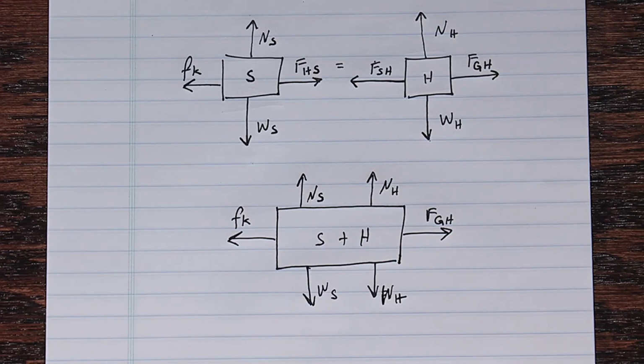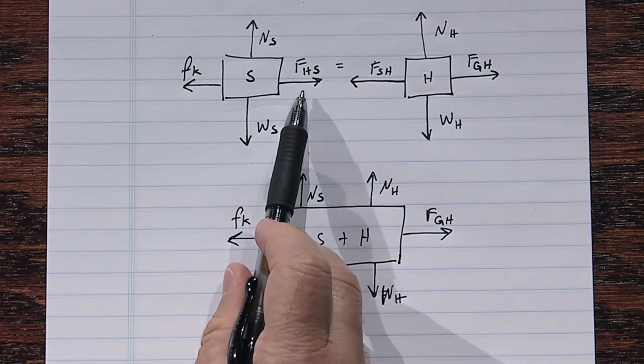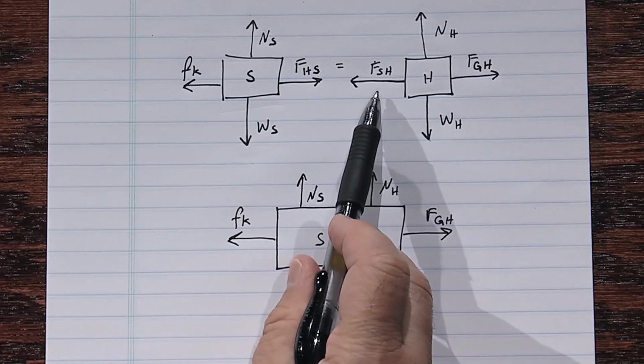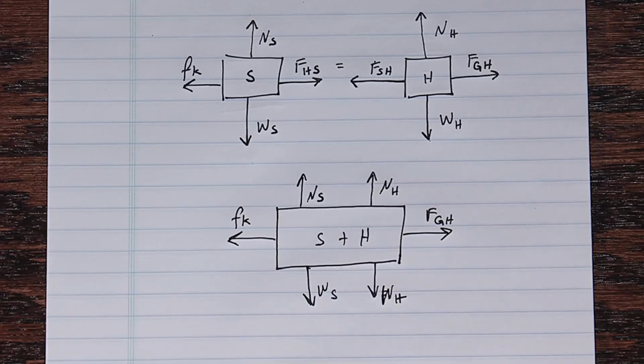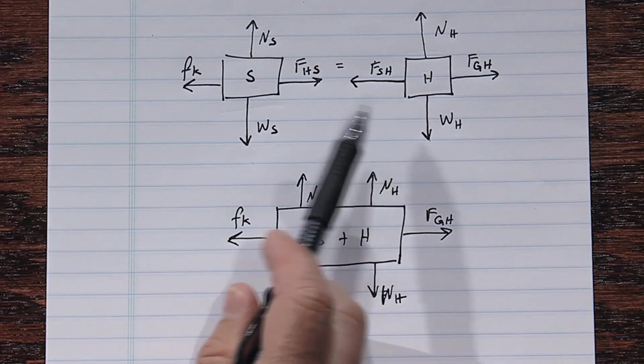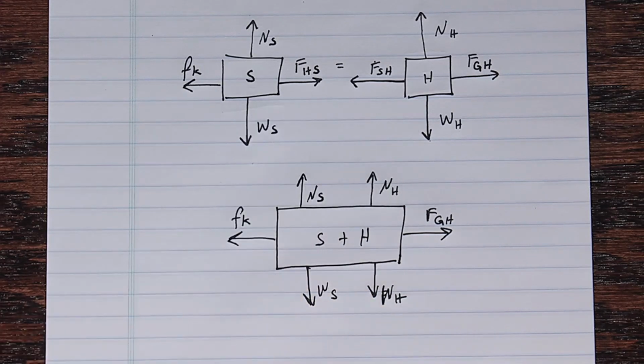And now we have to consider adding in the force of the horse on the sleigh and the force of the sleigh on the horse. But as you can see, those are equal in magnitude, opposite in direction, so they cancel out. When we consider the sleigh and the horse as a unit, the forces between the horse and the sleigh become what we would call internal forces.